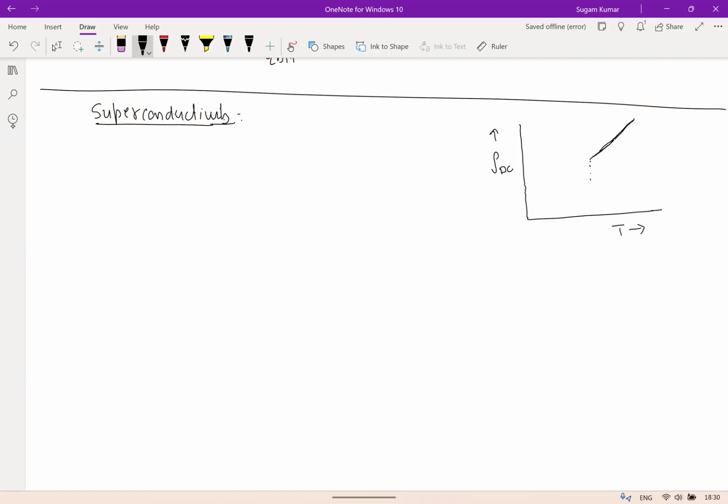And then at a particular temperature that I can call TC, it is going to become 0. So a substance which shows this behavior, meaning its resistivity becomes 0 at a finite temperature, such materials are called superconducting materials. So resistivity becomes 0.